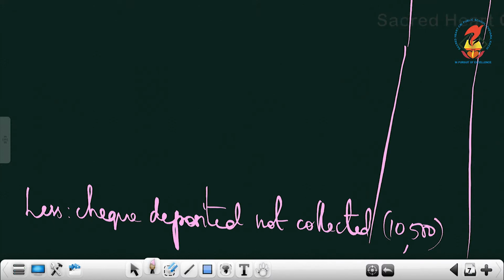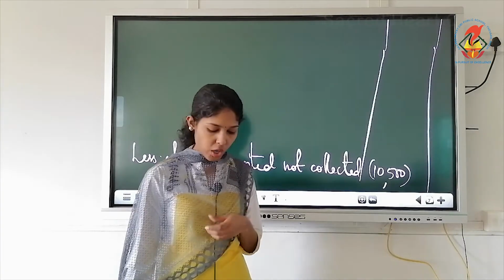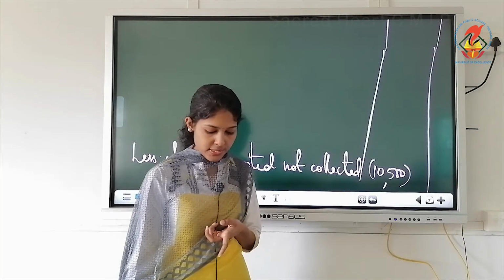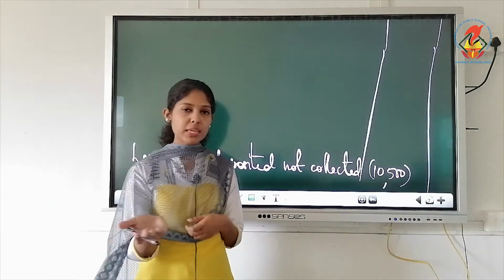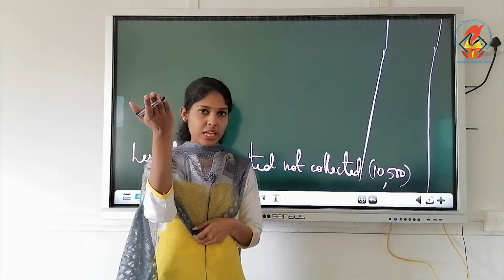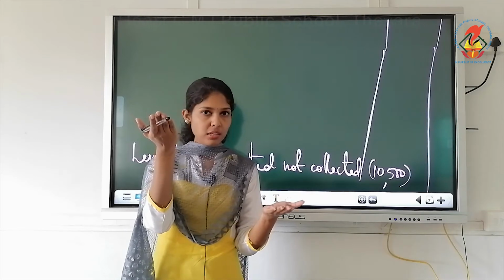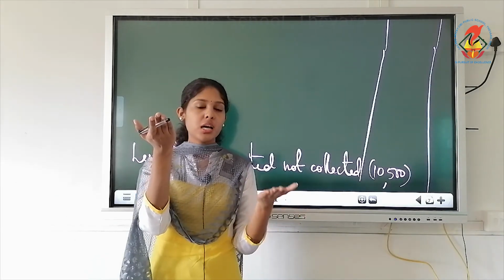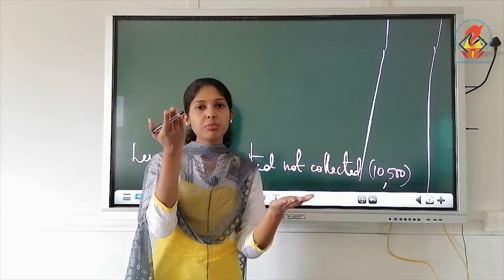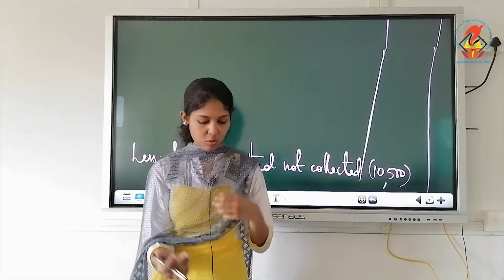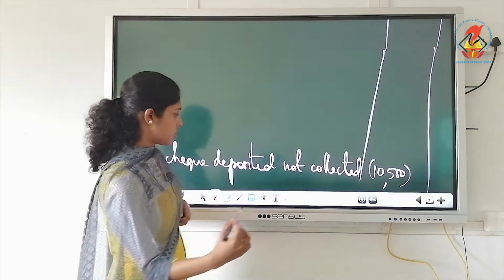Then the next one, checks recorded in the cash book but not sent to the bank for collection. Okay, checks recorded in the cash book means we would have added to the cash book, but it's not sent to the bank, so there is no change in the passbook. So what should we do? We can make changes only to the cash book balance. So bring it down. So less 2,000.